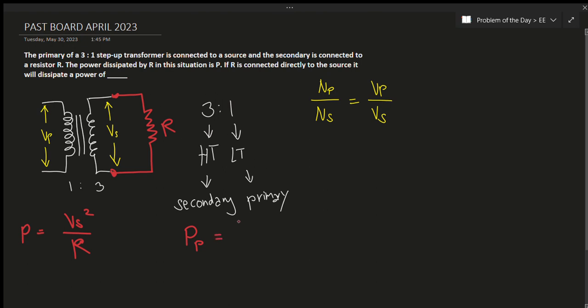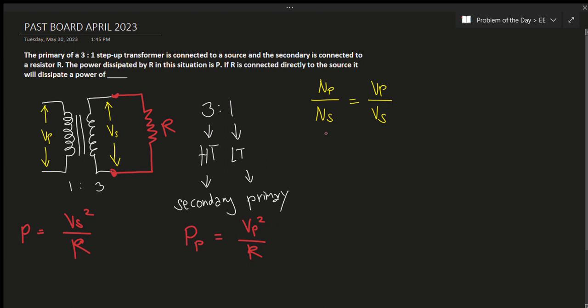It will have an equation: voltage at the primary squared divided by the resistance R. We're going to need a relationship between the power dissipated in the primary, if R is connected directly to the primary, and the power dissipated by R when it is connected across the secondary.